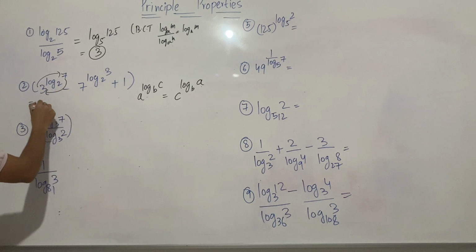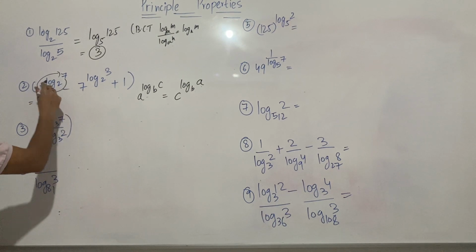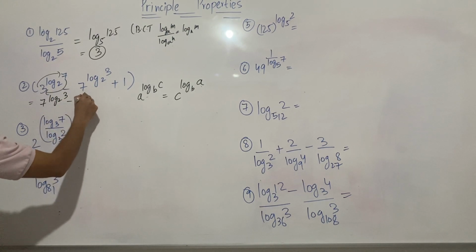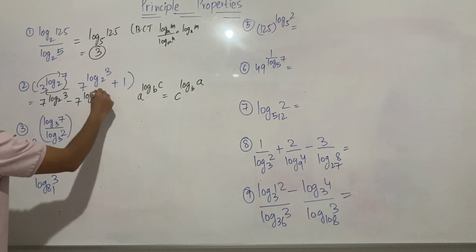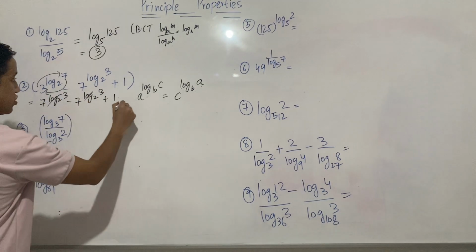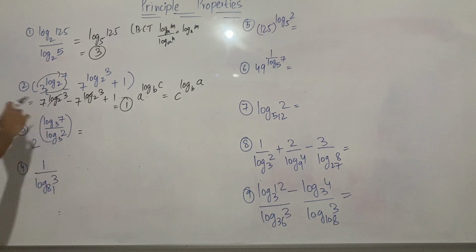So it's going to be 7 raised to power log 3 to base 2 minus 7 raised to log 3 base 2 plus 1. So it will get cancelled. 1 is your answer. Okay. And the next is 2 raised to this.